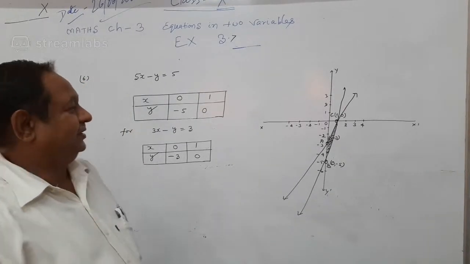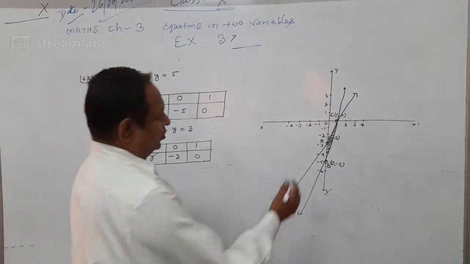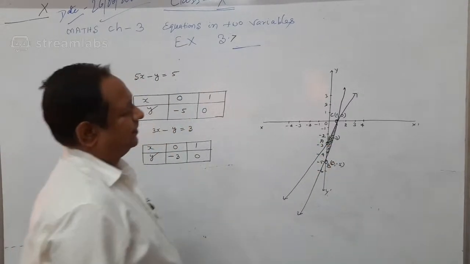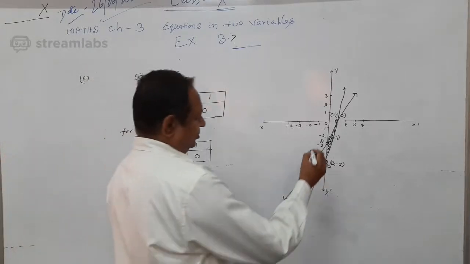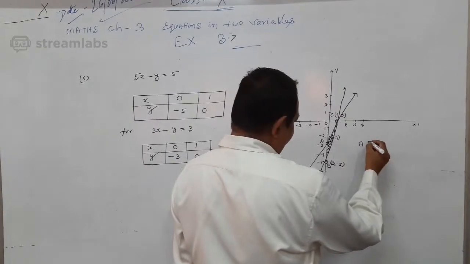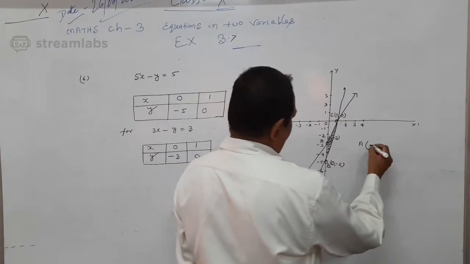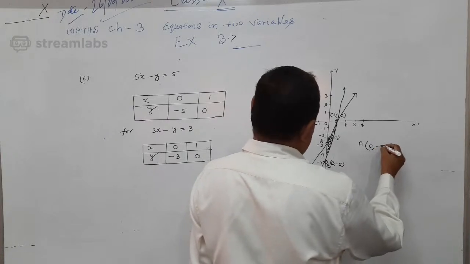Now find the coordinates of vertex A, vertex B and vertex C. So the coordinate of vertex A is, first we write x coordinate, that is 0, then y coordinate -3.